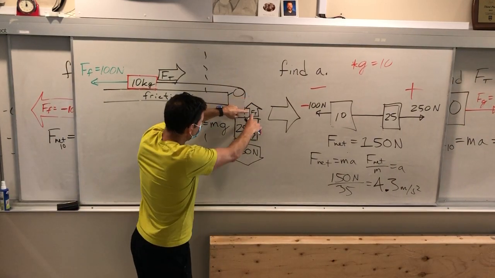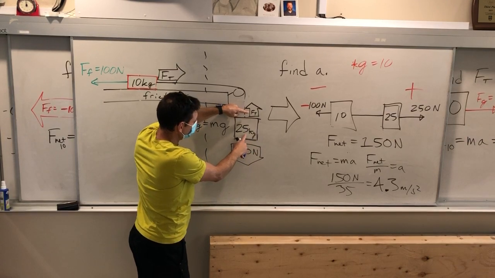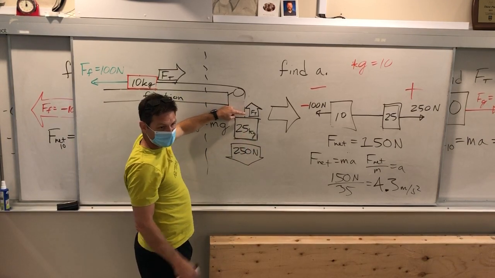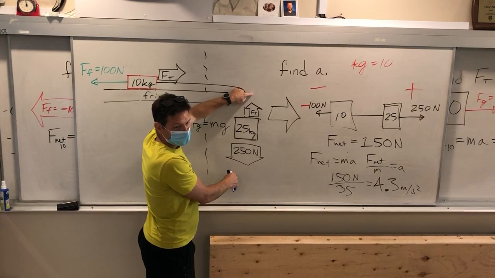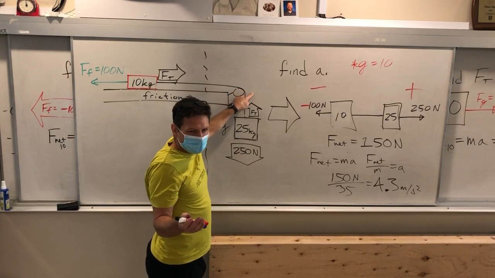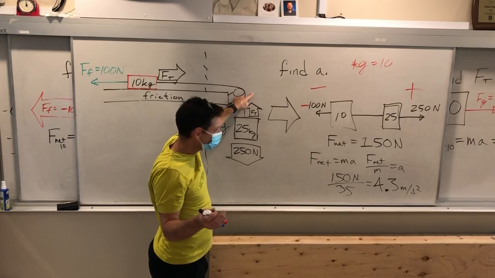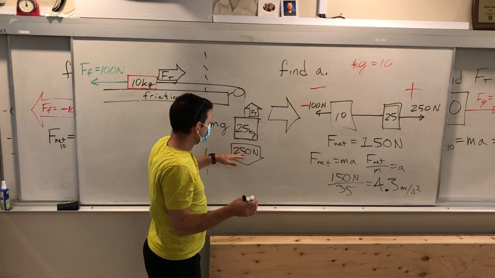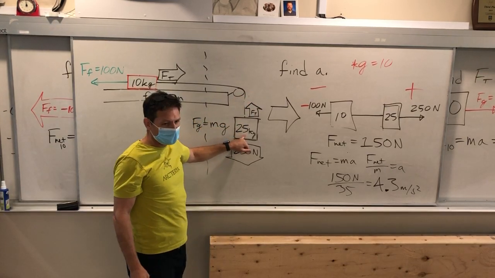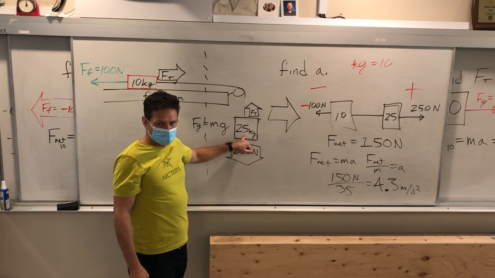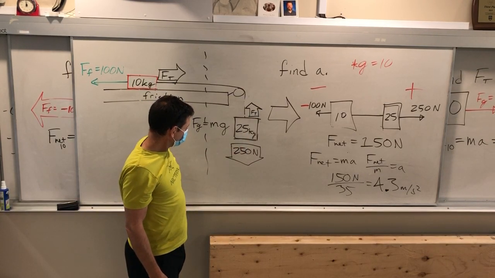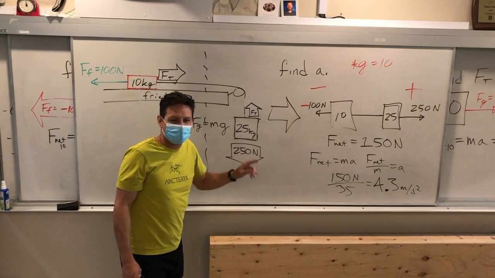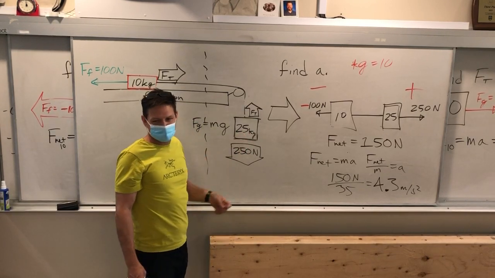Correct. So what would the net force on this block be? 250 minus 143, right? Somewhere around 100, a little more, 107. And you say, okay, what's 107 divided by 25?